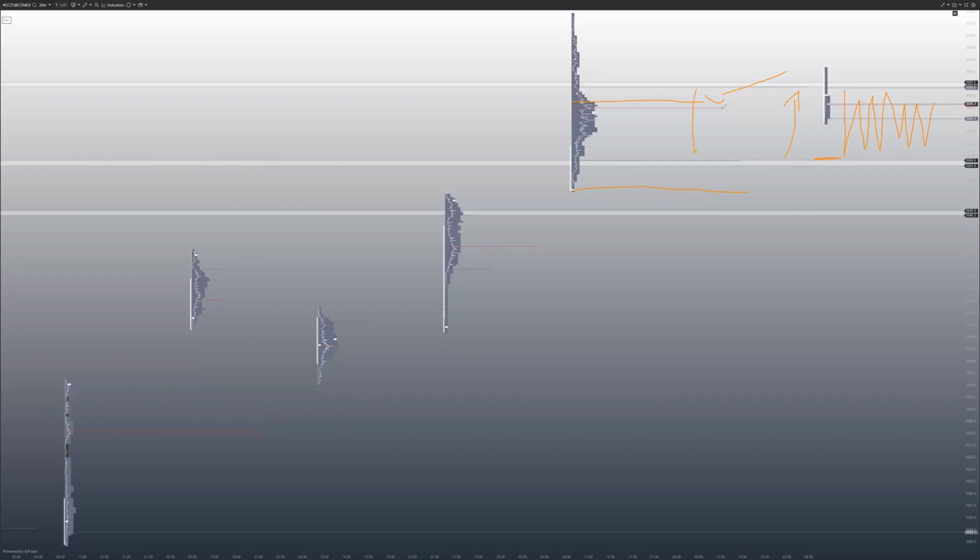If it's still in the range, it's better. That's what I trade. I only trade on the lower side to the upside moves, not on the higher side to the downside move, because we don't know.